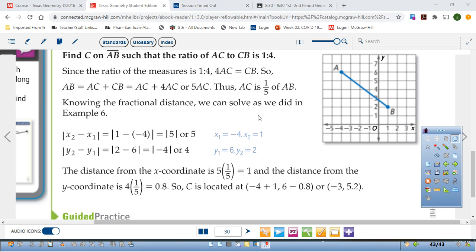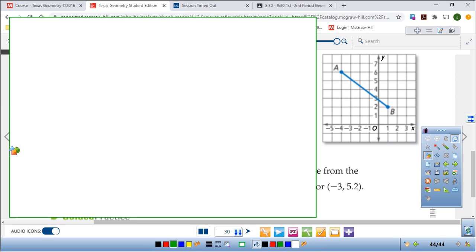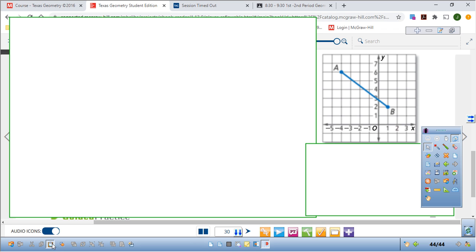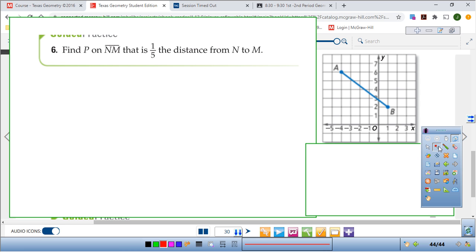Okay, let's try this one, guys. Okay, try that right there. That's not it? Oh, it isn't.